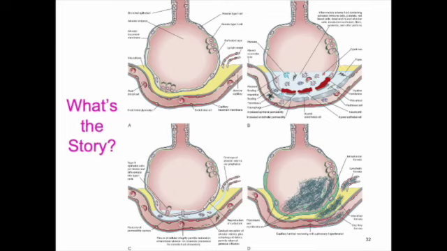And this VQ mismatch that we had will continue. We're going to see this VQ mismatch with severe right to left shunting and then respiratory failure. When we have fibrosis of the pulmonary capillaries, we're going to have pulmonary hypertension as well.